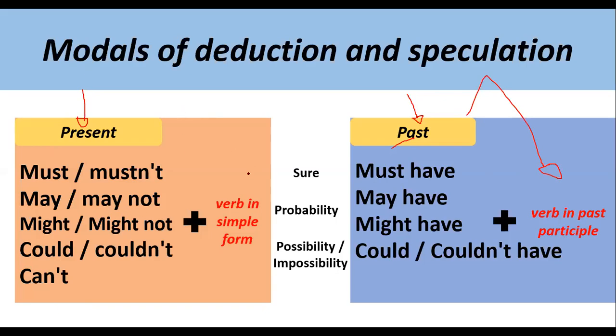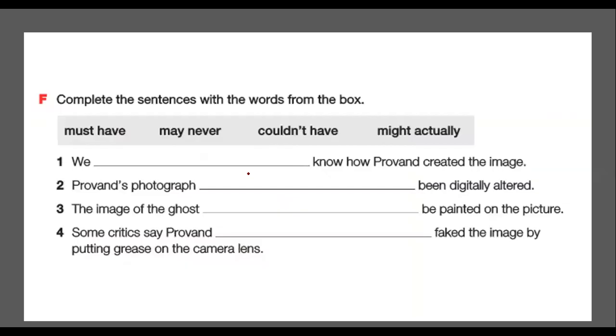For example, like this one, because I'm talking about the book, right? So if I have been, the verb been, is it in present or in past participle? Past.